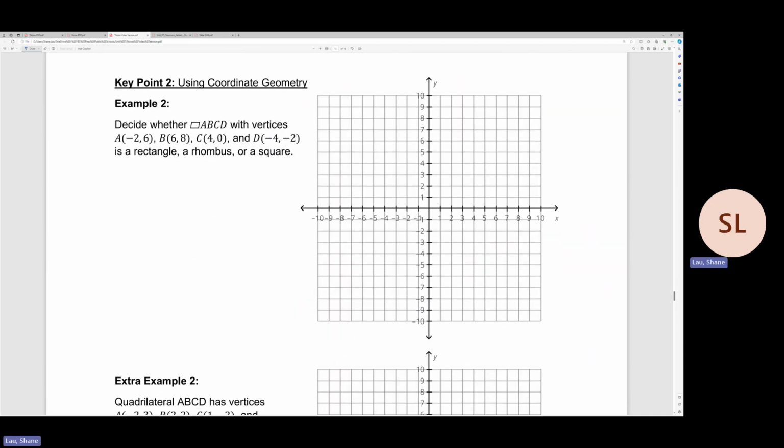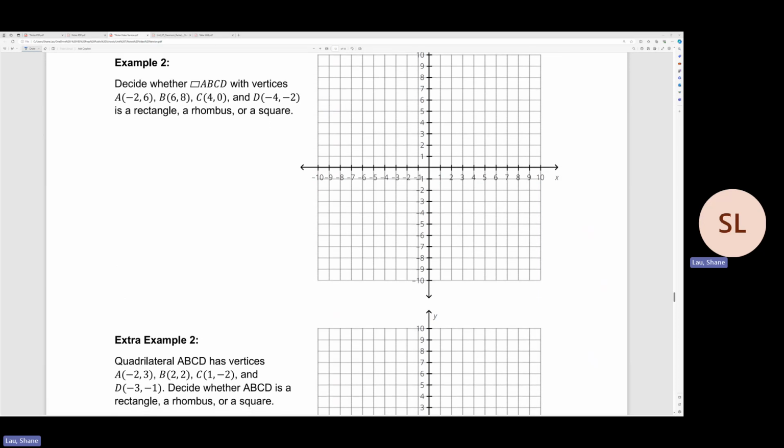Okay. Now, example 2 is not actually in our notes. However, I think a lot of us would like to know what some of those answers are. And frankly, I think it's good practice. And what I think you should do as the student is try this one on your own first.